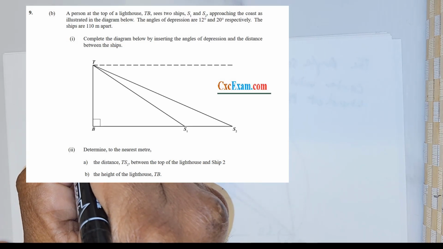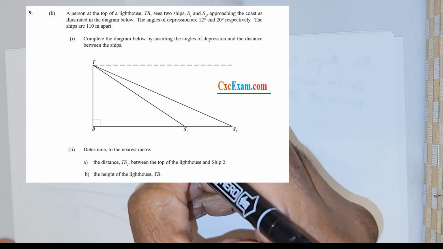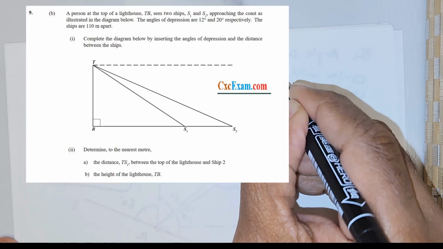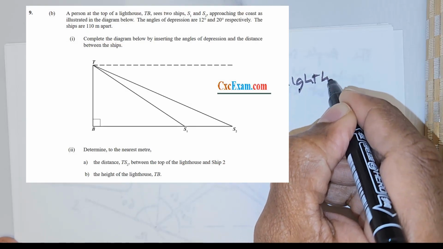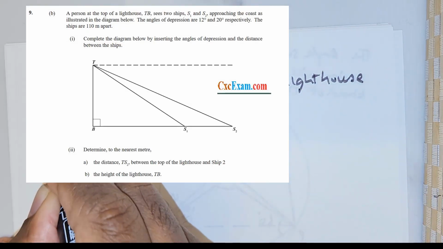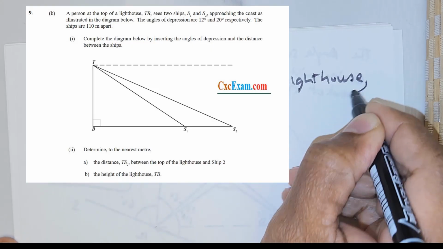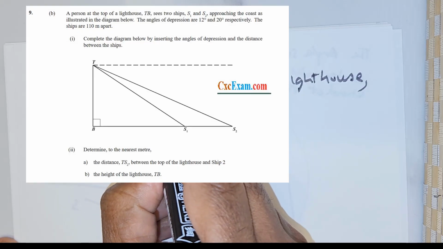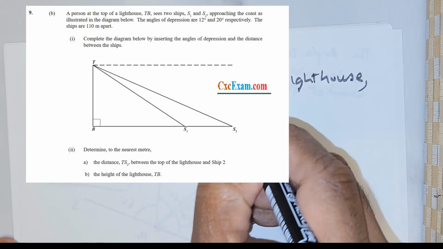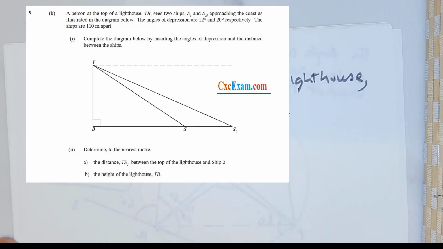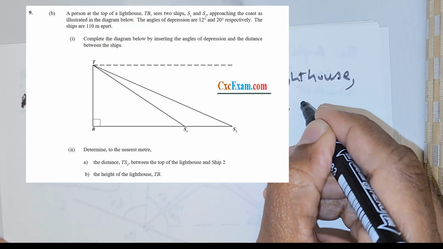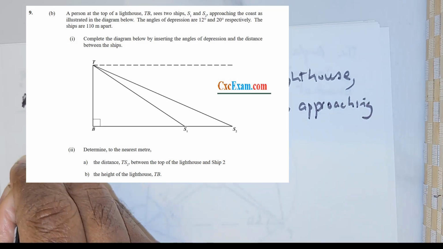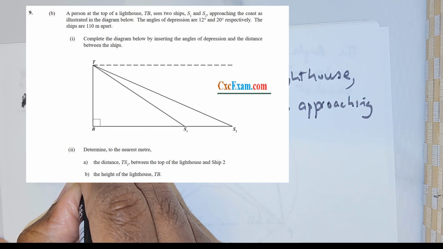A person at the top of a lighthouse, TB, sees two ships, S1 and S2, approaching the coast.